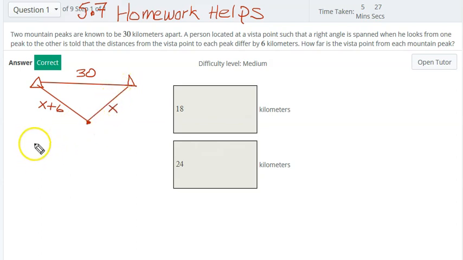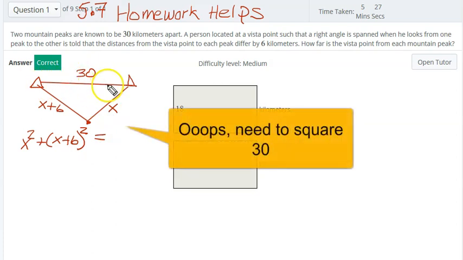So it would be the short leg, x squared, plus the longer leg, x plus 6 squared, will equal the hypotenuse, which is the distance between the two mountains, 30.